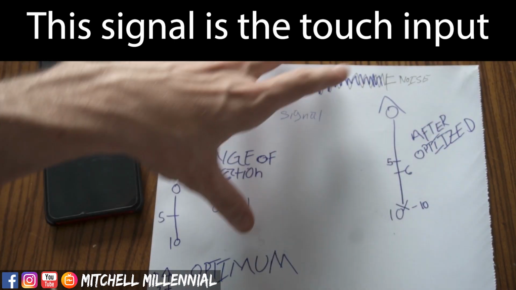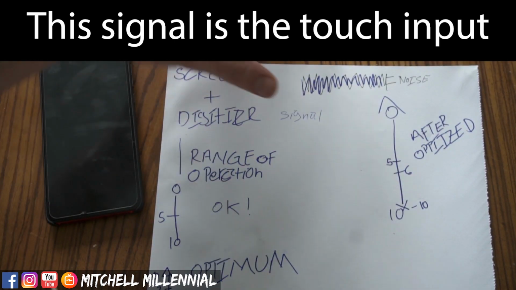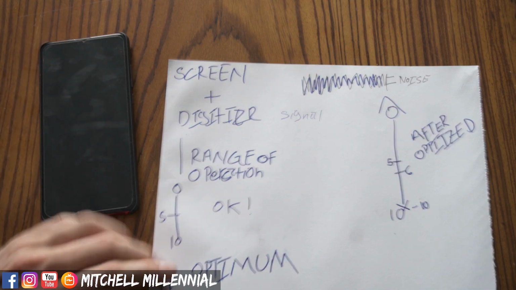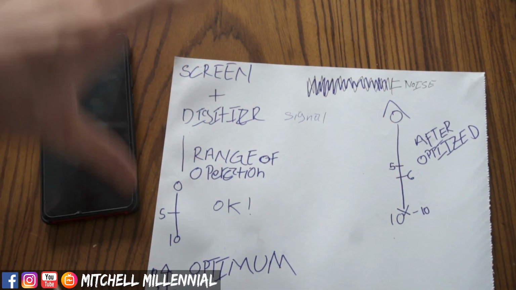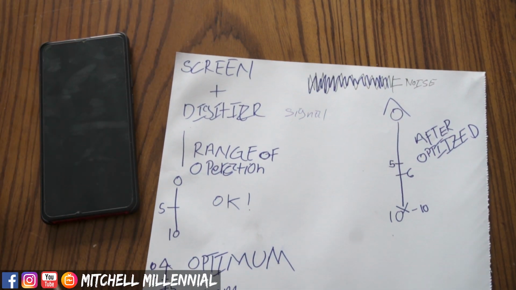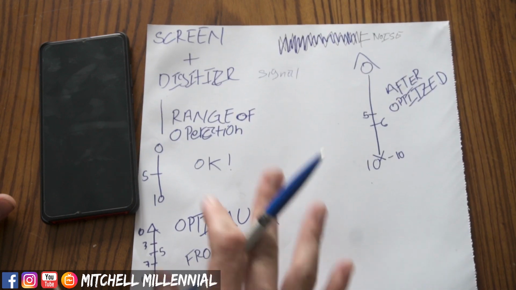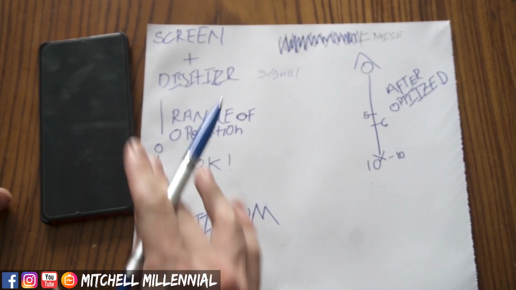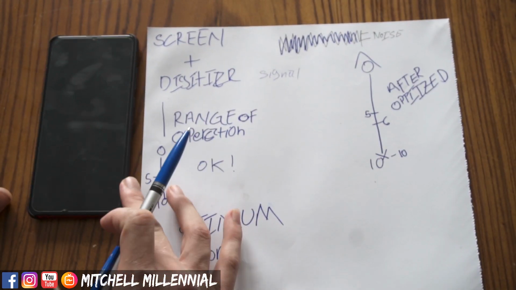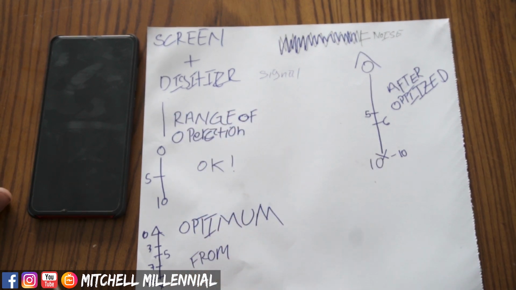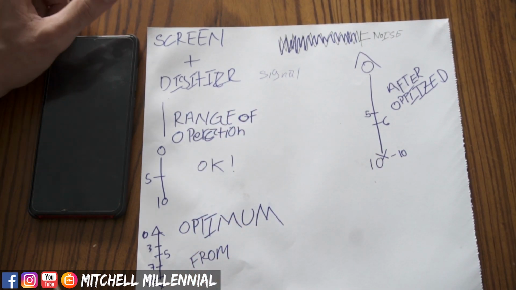Before we start talking more about the signal, I want to talk about the digitizer. So when Xiaomi buys digitizers from a manufacturer, those digitizers will have a range of operation that the part can function at, right? And for the purposes of this, let's just say that the range is from 0 to 10. That is the operational range.